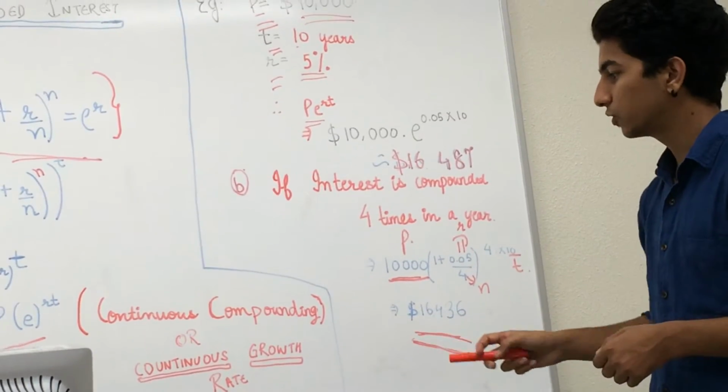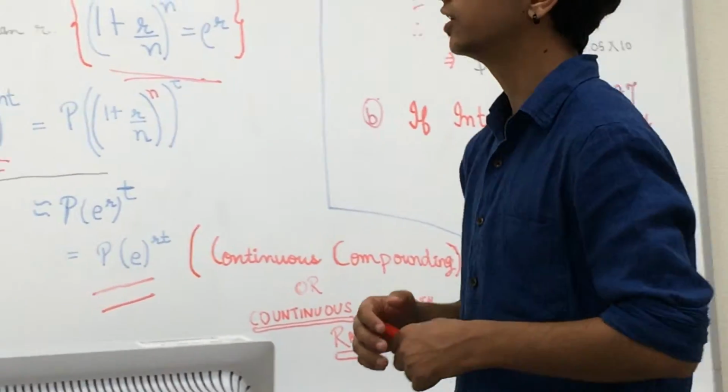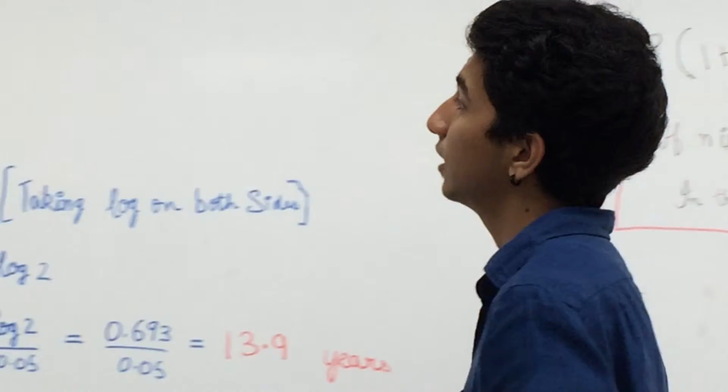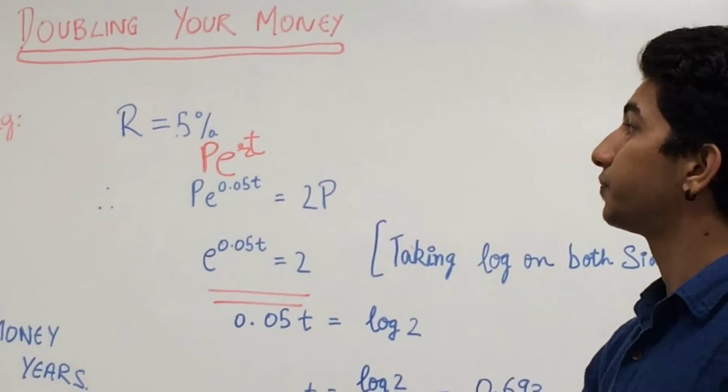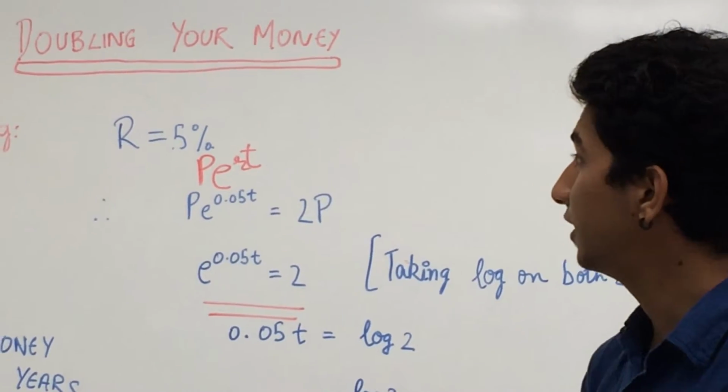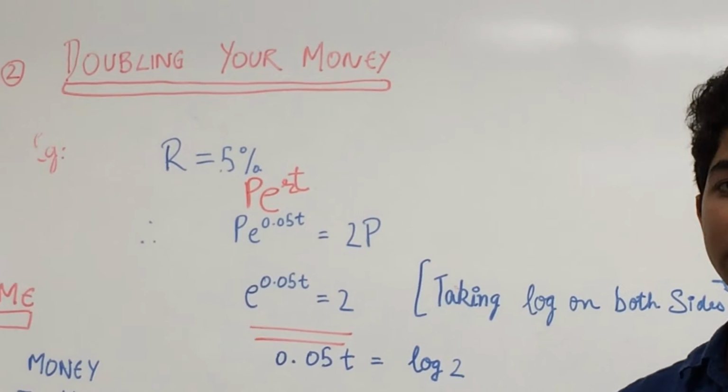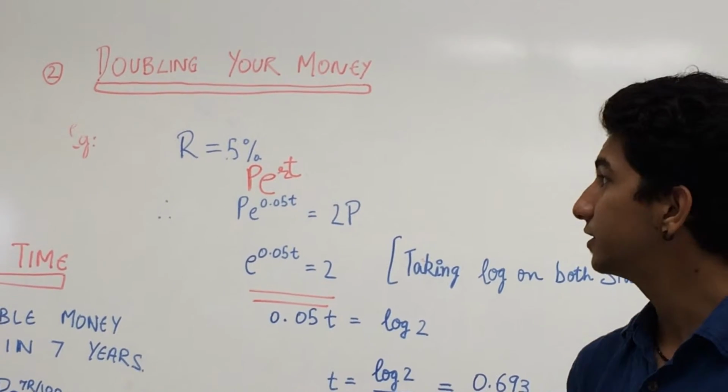Okay, this was about continuously compounding interest, and next I would like to tell you about doubling your money. Suppose the rate is equal to 5%.